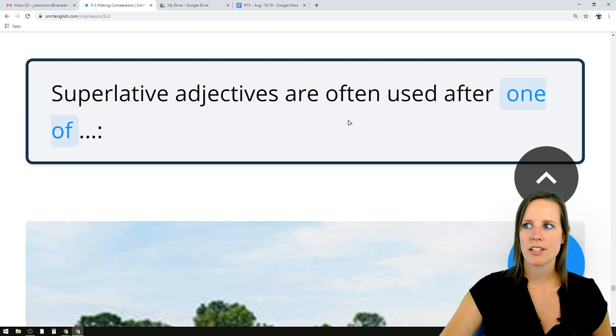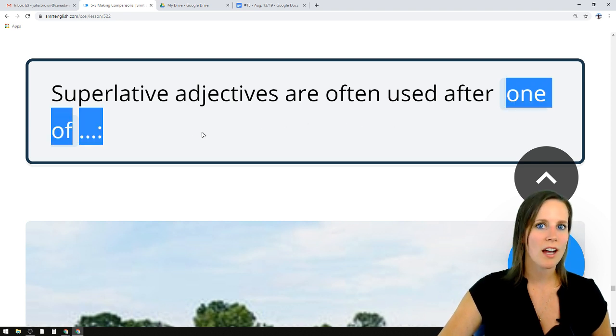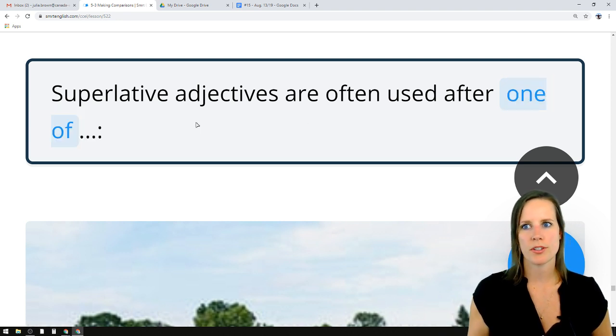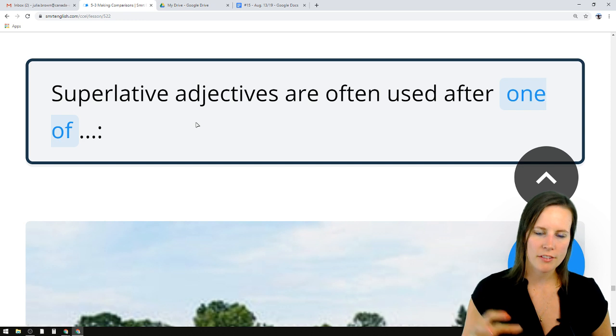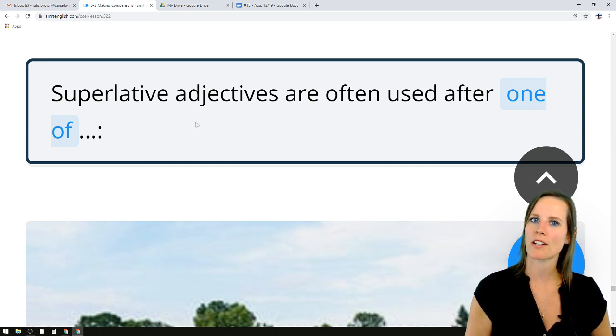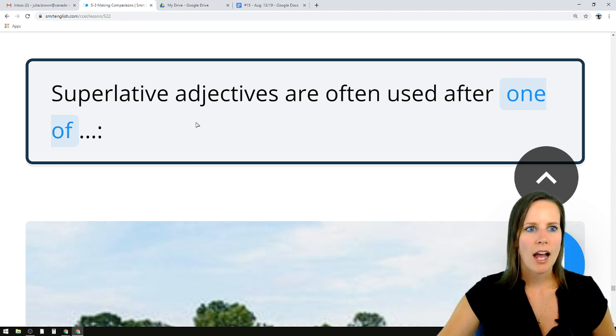People often choose to add one of before their superlative statement because it really kind of humbles your opinion. It's not so in your face. It's not so strong, you know.